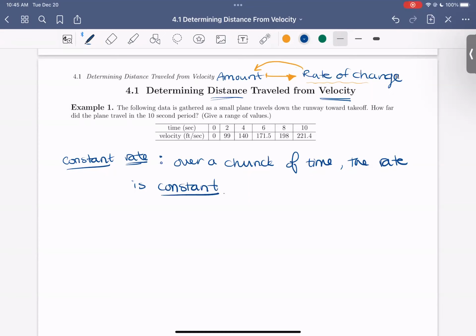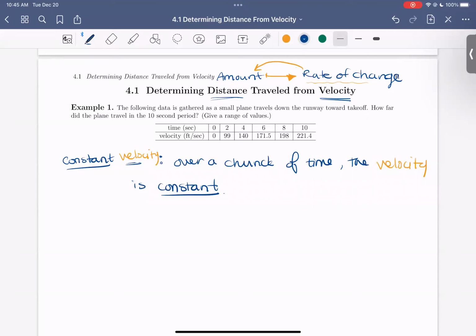That means how the quantity changes is constant. So if we look at, in particular, velocity, so if we look at constant velocity, that means over a chunk of time, the velocity is the same, or is constant.